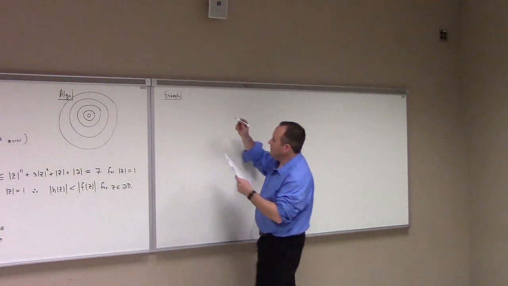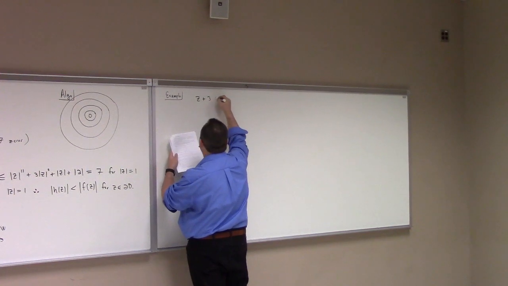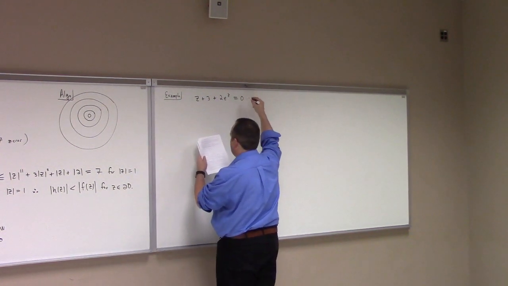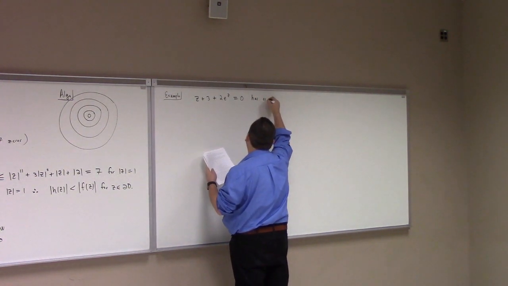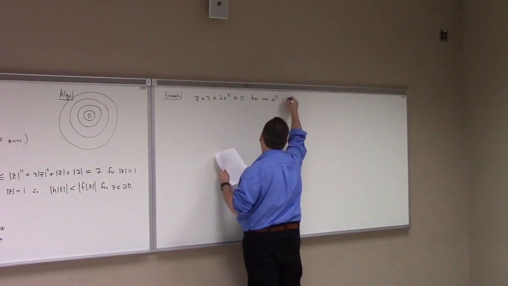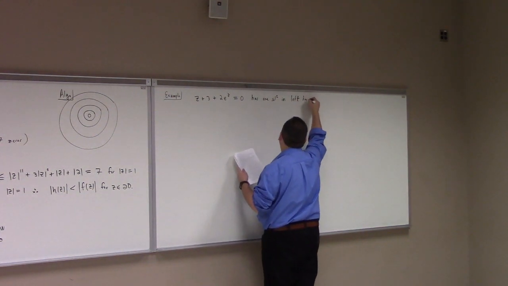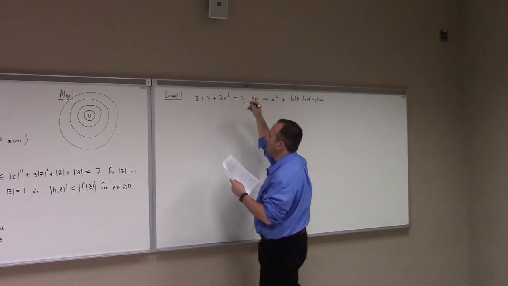Okay, so this one will give you a very different kind of example. Z plus 3 plus 2 e to the z equals 0 has precisely one solution in the left half plane. This is the claim.